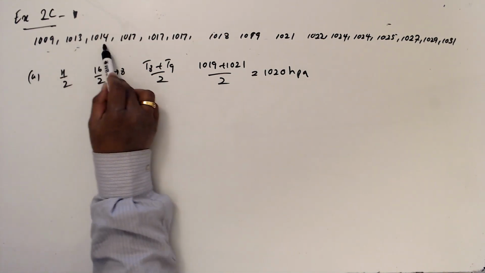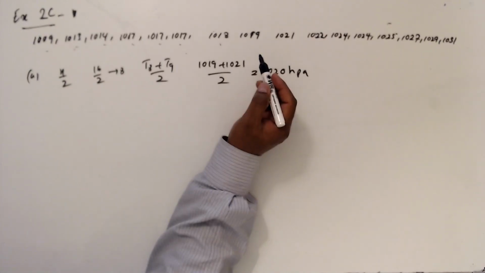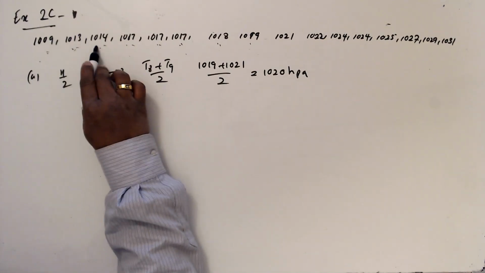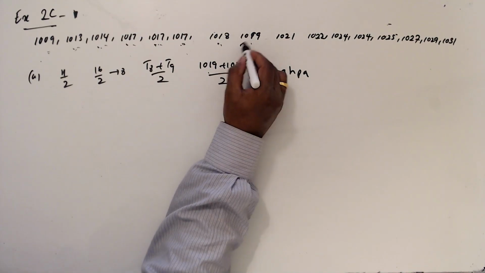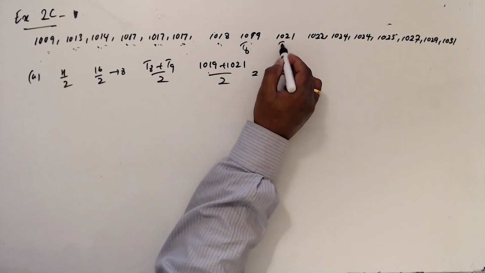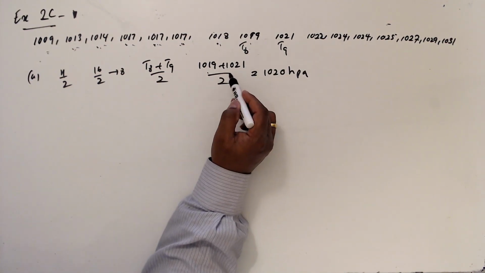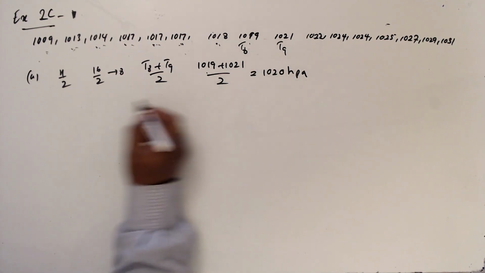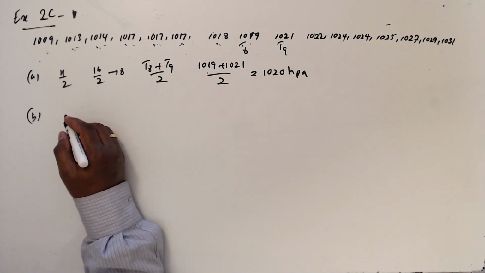So 1, 2, 3, 4, 5, 6, 7, 8. 8 is this one, T8, and T9 is this one. So the middle term is 1020.